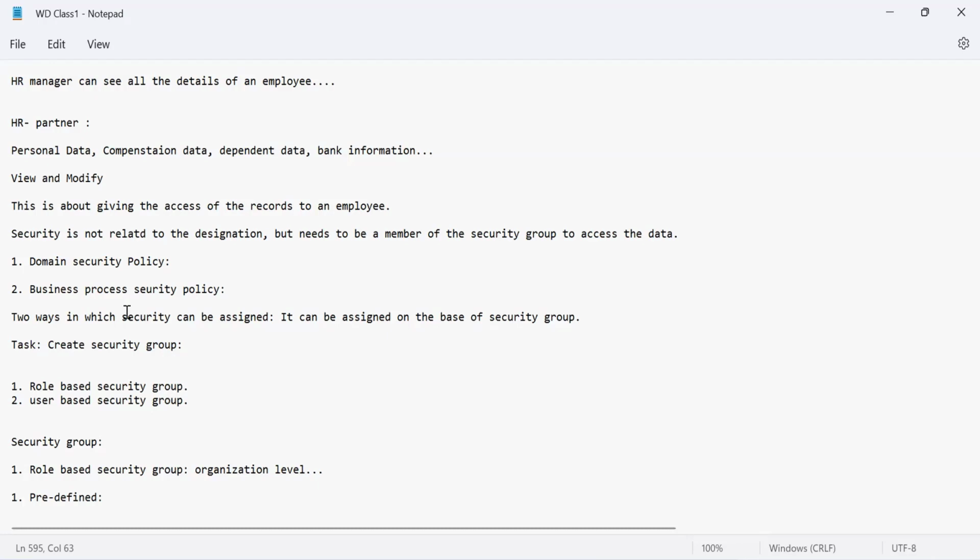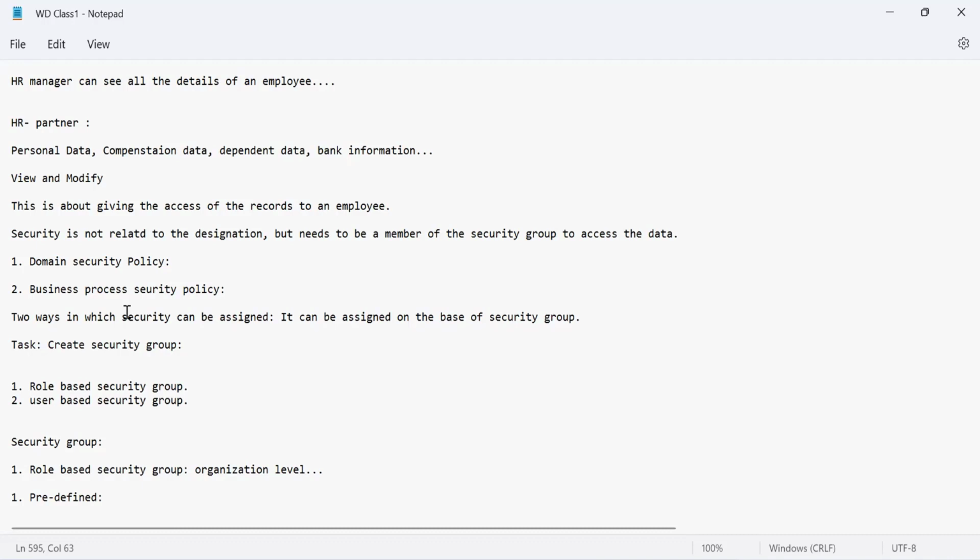Then the same permissions which you have given onto a security group go to an employee. They will be able to perform those activities where the permission has been defined in the security group. Great. Did you understand the concept? This is the most important concept of Workday security, and this is followed everywhere. You cannot forget it.